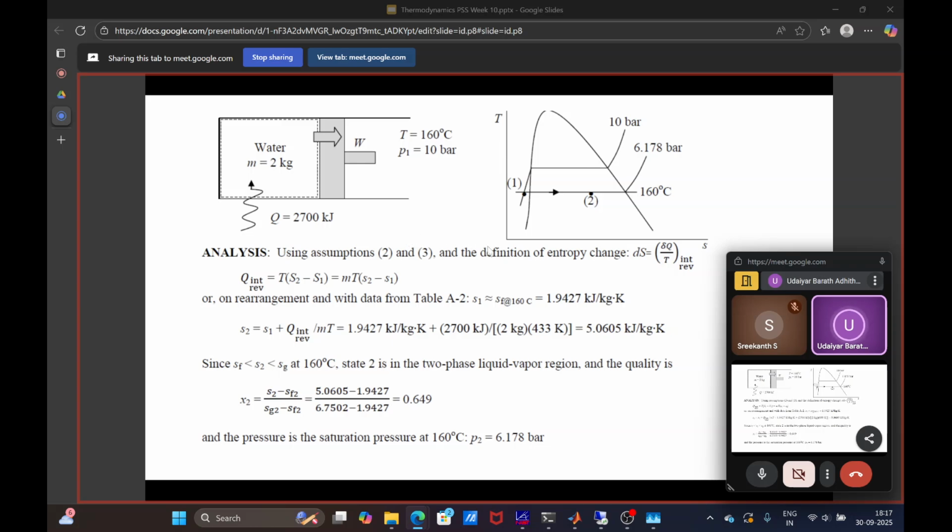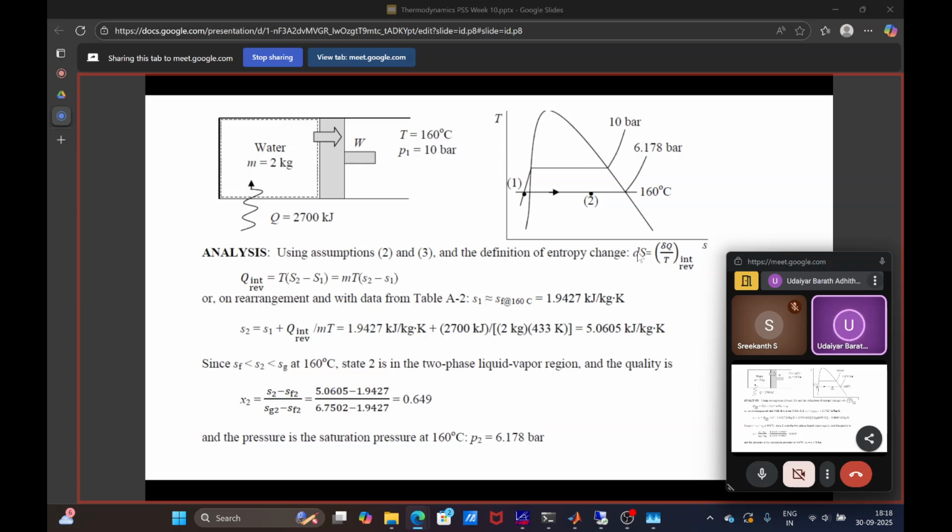What we know is that the process is internally reversible, so you can write the entropy change as delta Q by T. In the Clausius inequality, for a reversible process over a cycle, the integral of delta Q by T equals 0. If you take any two state points, then dQ by T equals dS, and that is what you write for the reversible case.